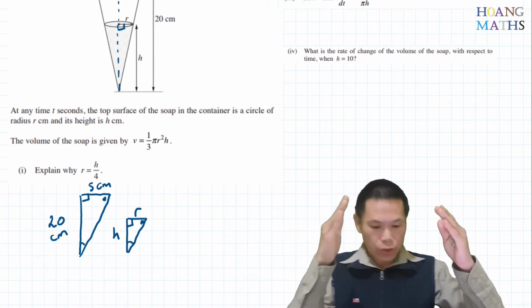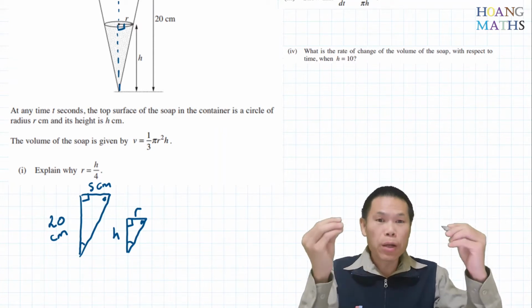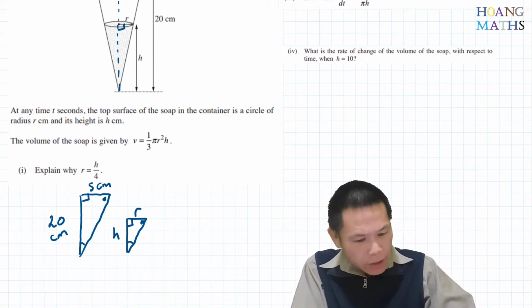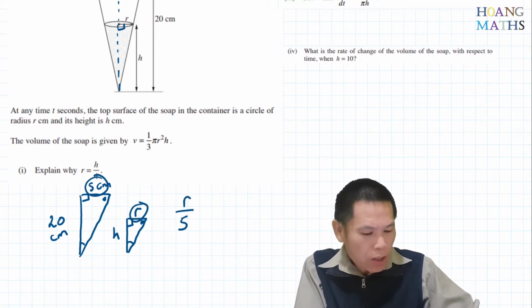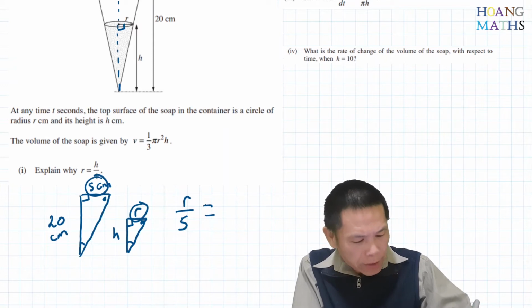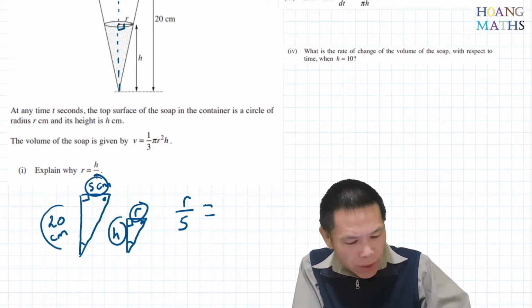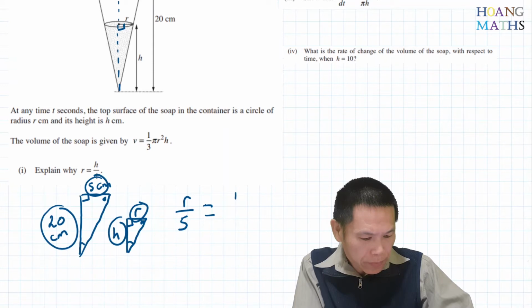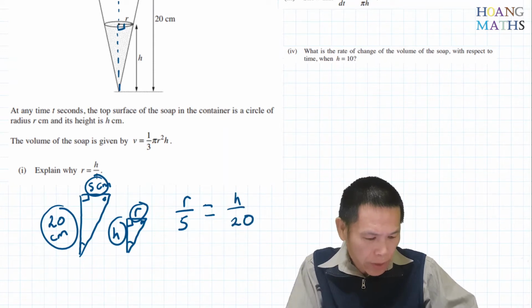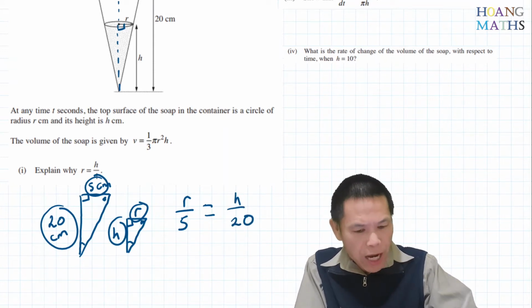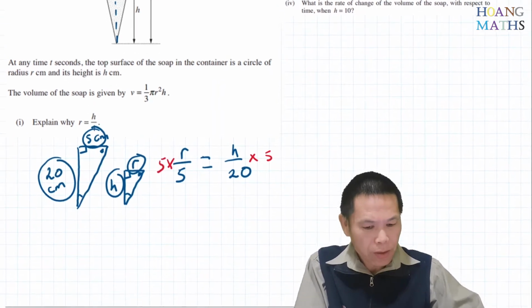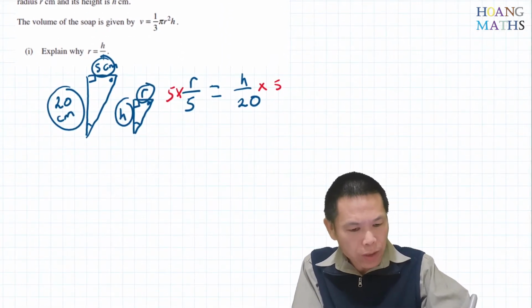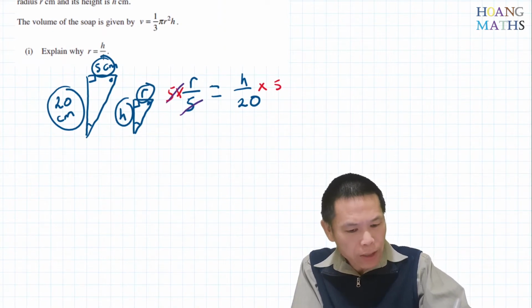There you go. So now we just use the similar triangle ratio. r over 5, because these two sides are corresponding, is equal to h over 20. If I times 5 on both sides, this cancels out.